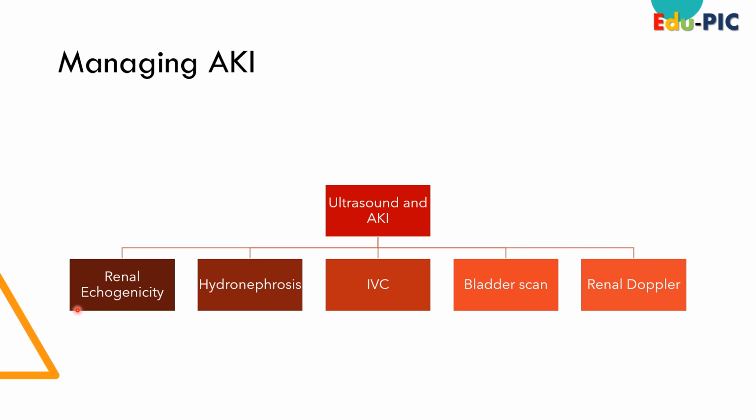First, if you look at the renal echogenicity, then you can possibly know if there's any renal cause of the AKI, because if the renal echogenicity is high or low, then there is something wrong with the kidney itself. Hydronephrosis also can tell you if there's an obstruction afterwards, which will quickly identify post-renal problems.